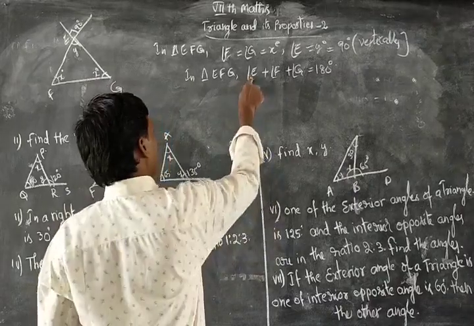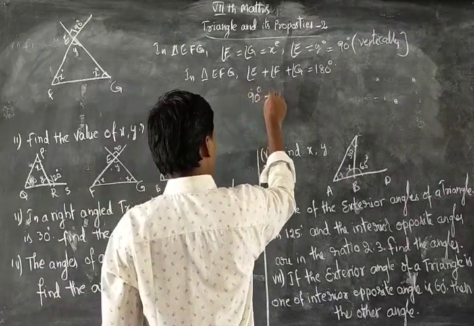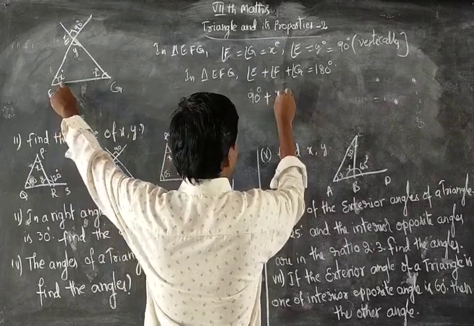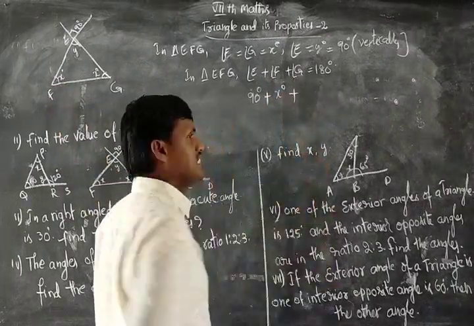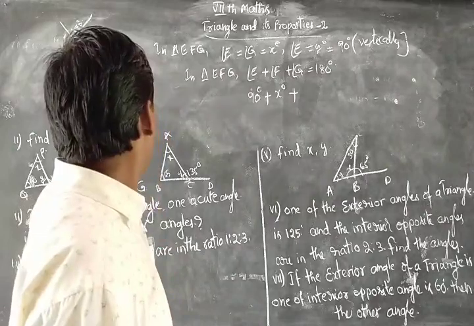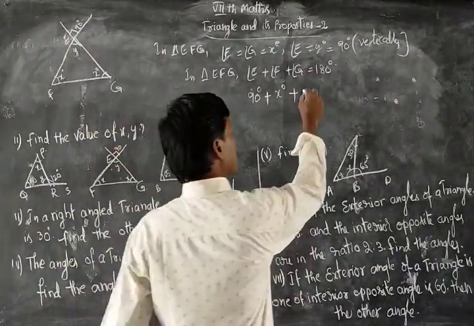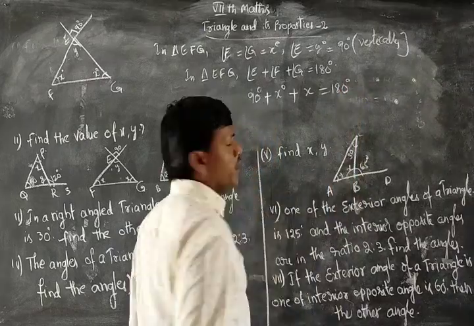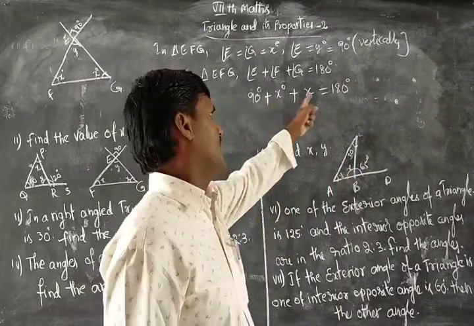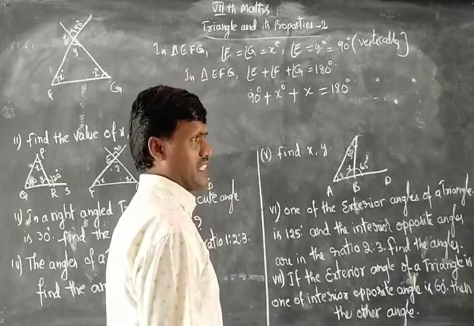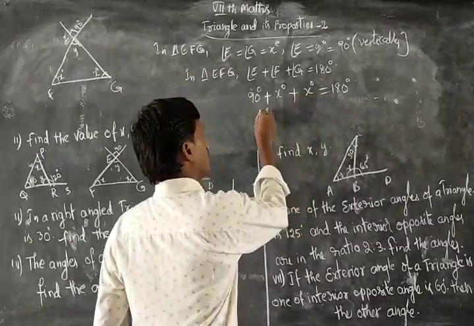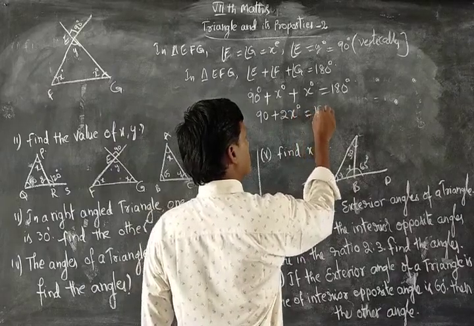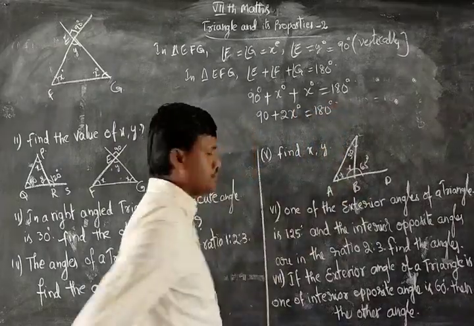So instead of angle E we write 90 degrees plus angle F, x degrees, plus angle G, x degrees, equal to 180 degrees. So 90 plus x plus x, 2x degrees.